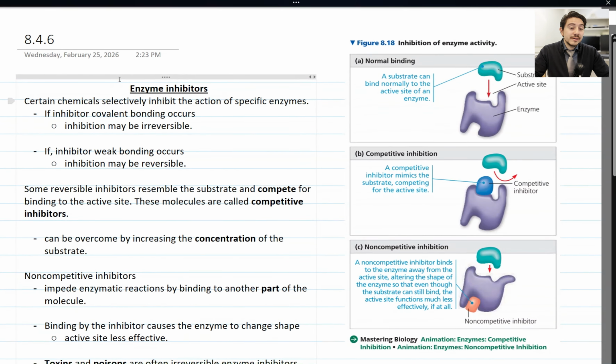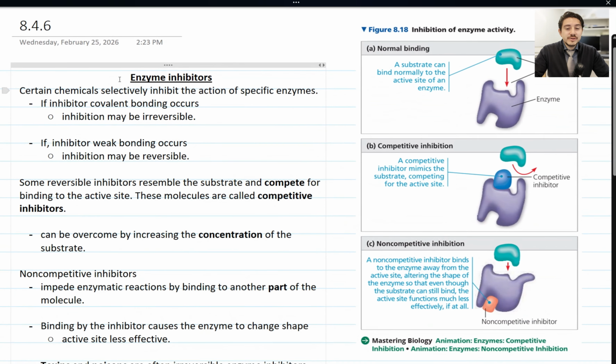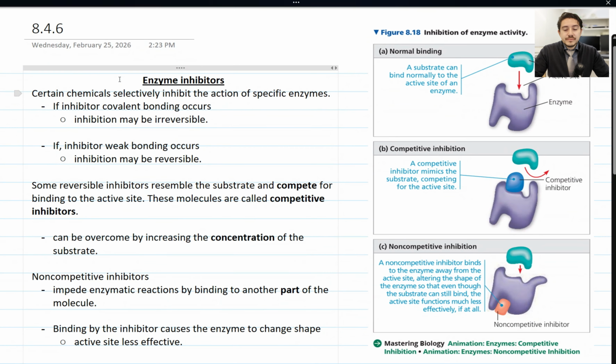Opposite to increasing the work of the enzyme, you have molecules that can inhibit the functionality of the enzyme. They're referred to as enzyme inhibitors, and these are very selective, very specific molecules or chemicals that can stop the action of enzymes.